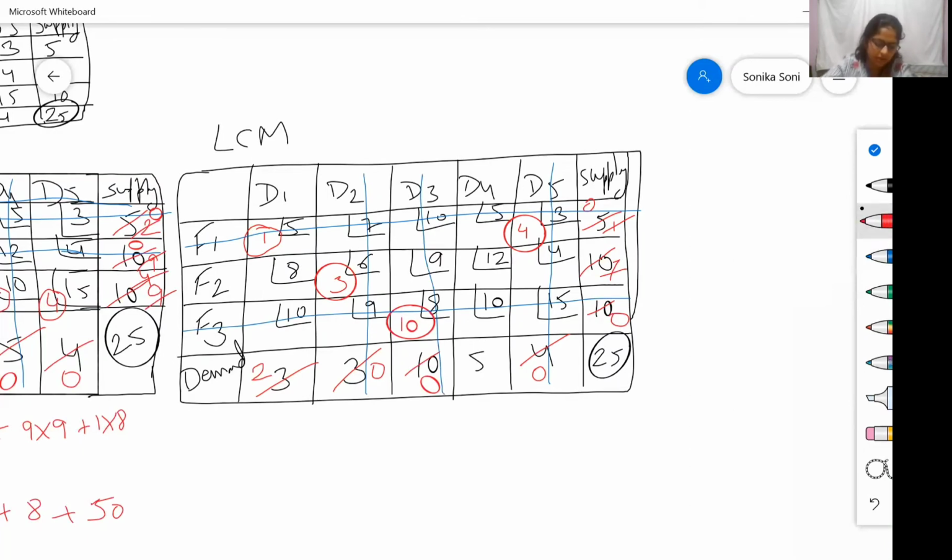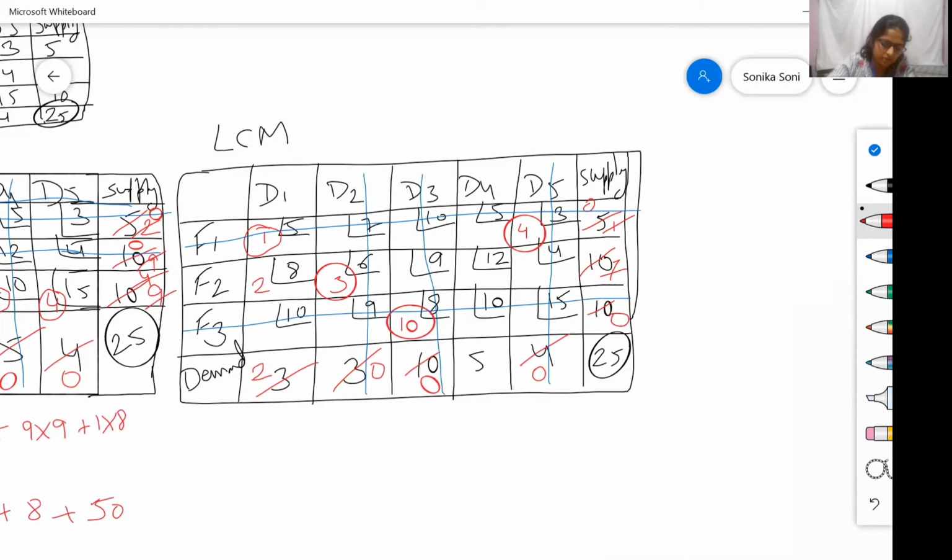Next, which one do we have as the least cost here? We have the least cost as 8 here, and we can allocate only 2 there.